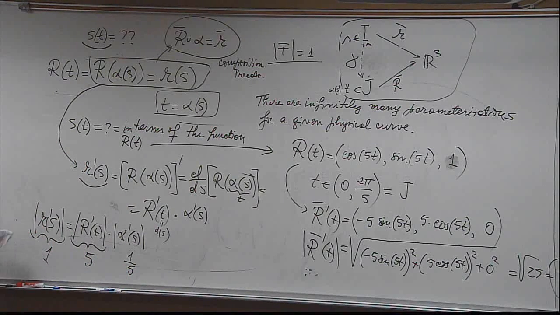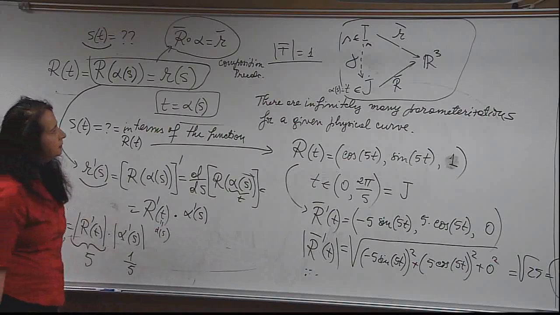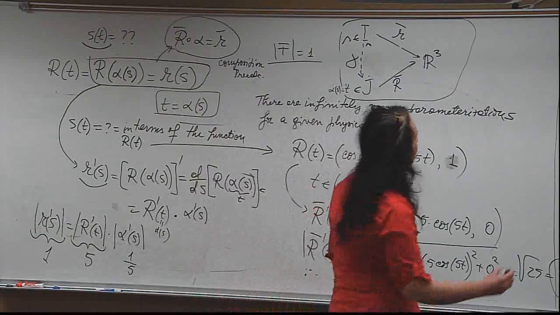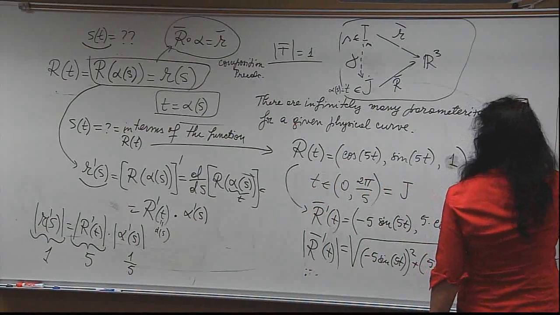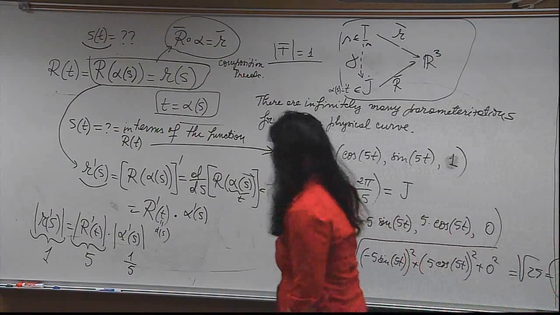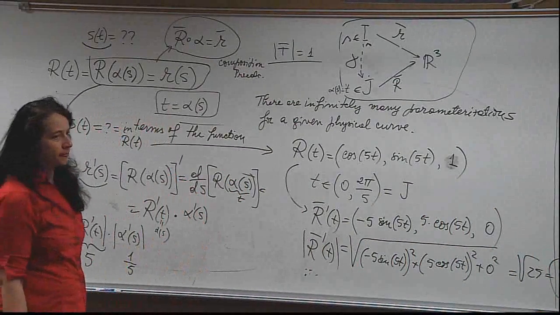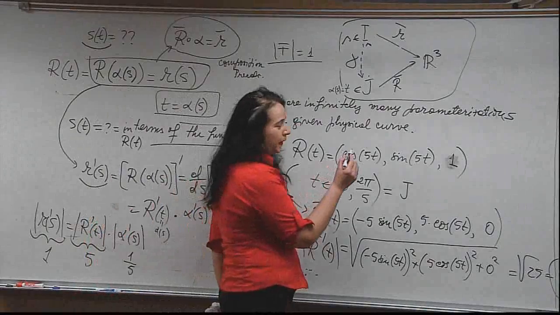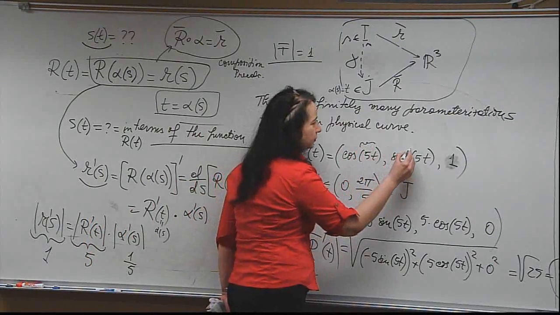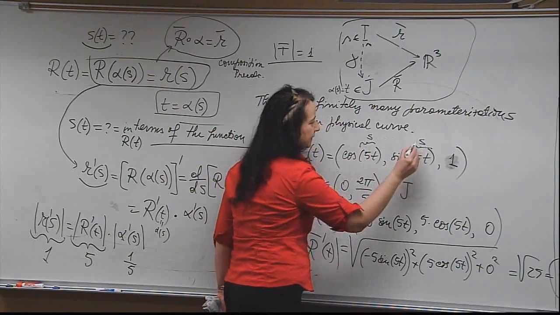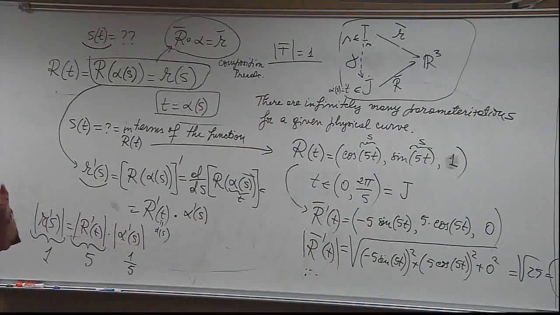Okay. All right, actually, alpha of s, who is that going to be? Do you notice the correspondence? We simply have to redefine this as s. That 5t is nothing but s.